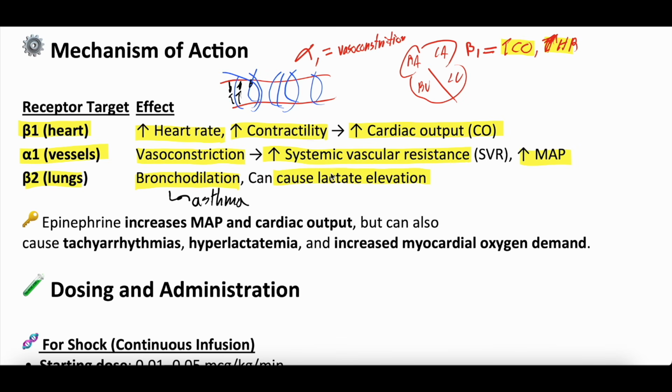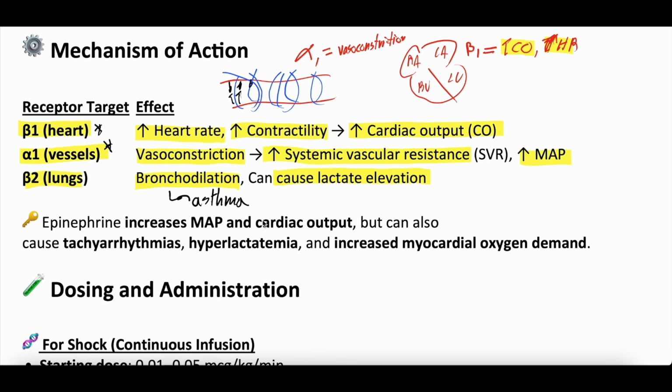When a patient is getting epinephrine, it most likely will cause a lactate elevation. But if someone on epinephrine has a rising lactate, you shouldn't just bank on it being because of the epinephrine. You should make sure the lactate isn't increasing for other reasons, but epinephrine does cause some degree of lactate elevation. But primarily beta-1 effects and alpha-1 effects.